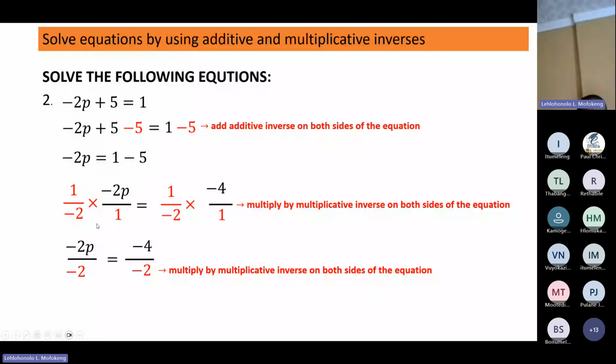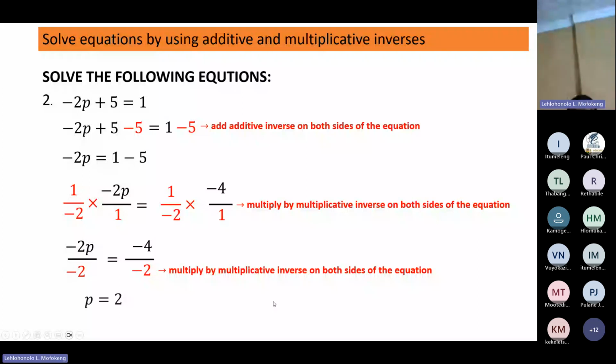Hence, if you see negative 2p being divided by negative 2 and negative 4 being divided by negative 2, it is because we have multiplied by the multiplicative inverse of negative 2 over 1. Right, then here we go. The answer will be p equals 2.